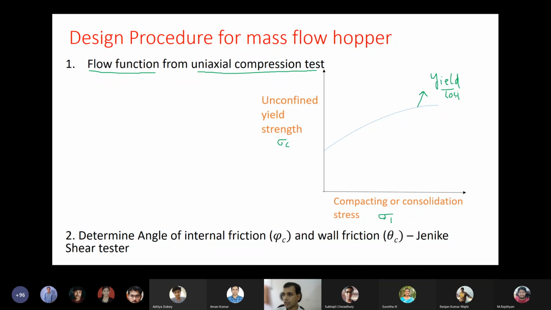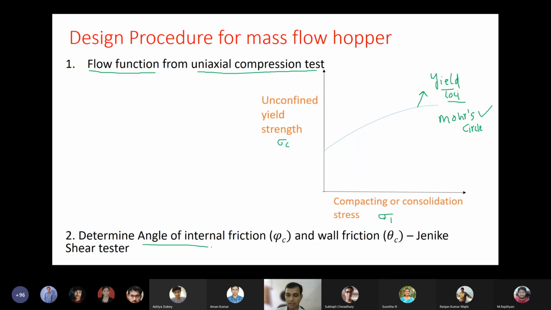This yield loci can be obtained from the uniaxial compression test, and also from the Mohr circles. This is experimental; we need to get it from experiments.